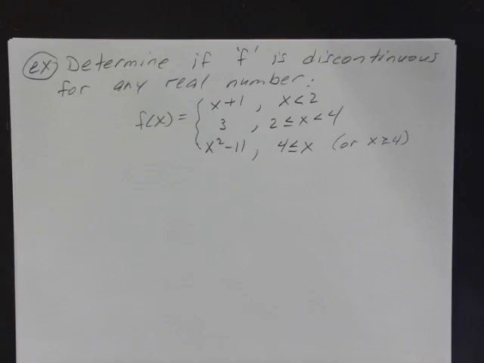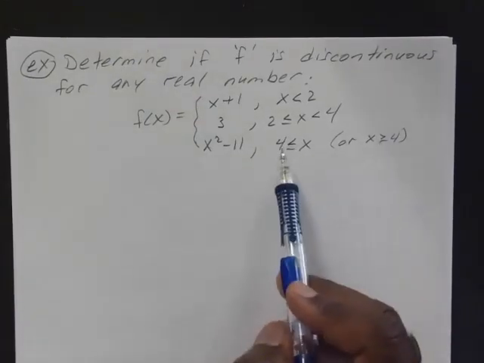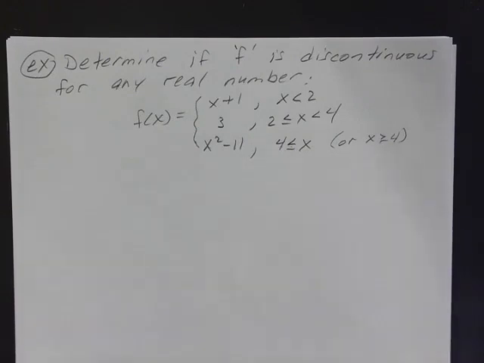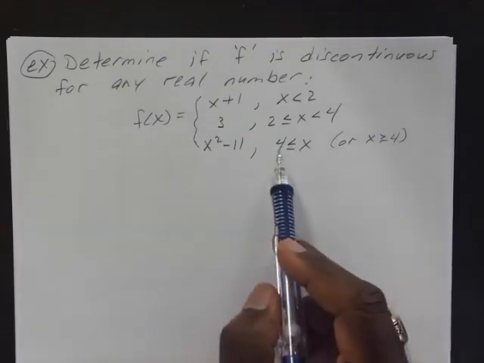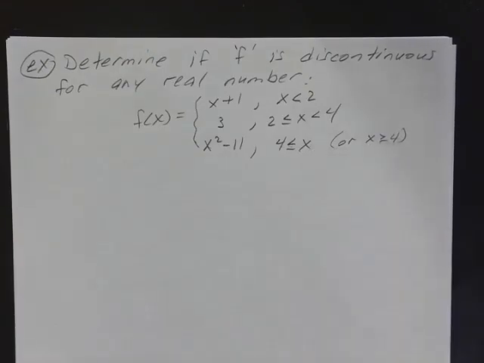You can always flip it around as long as your inequality is pointing at the same value. So if it's pointing at the 4 here, you can flip it around and make sure it's pointing at the 4 there. Or you can plug in a numerical value. 4 is less than or equal to 5, so 5 is greater than or equal to 4.